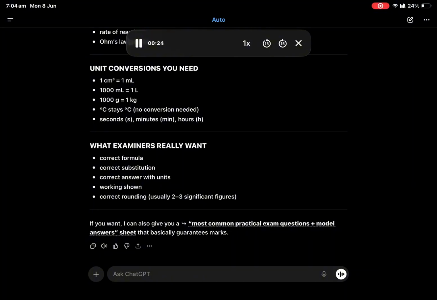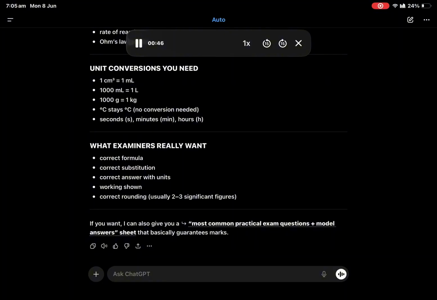Change equals final minus initial. Physics, general practicals: speed equals distance divided by time. Density equals mass divided by volume. Weight equals mass times gravitational field strength.